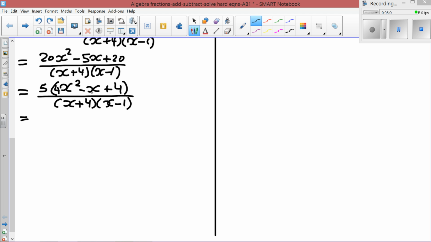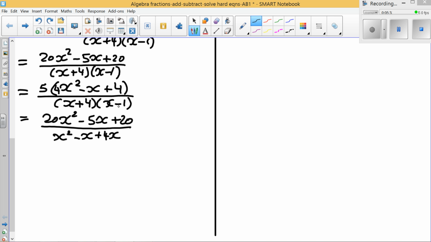And expanding numerator and denominator gives me 20x squared minus 5x plus 20 over, expanding the denominator, x times x is x squared, x times minus 1 is minus x, plus 4 times x is plus 4x, and plus 4 times minus 1 is minus 4.